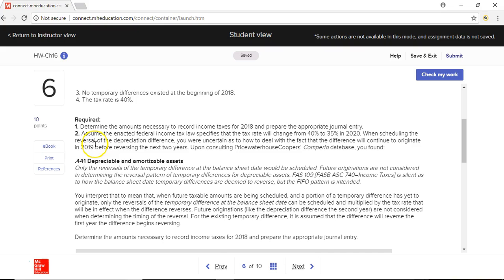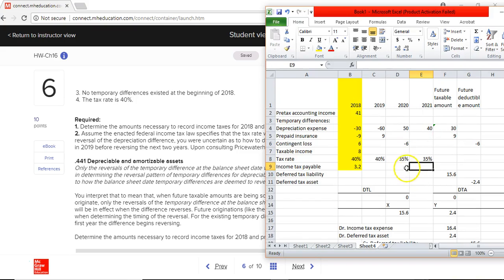When scheduling the reversal of the depreciation difference, you are uncertain as to how to deal with the fact that the difference will continue to originate in 2019 before reversing over the next 2 years. So the problem is, this is our current year.